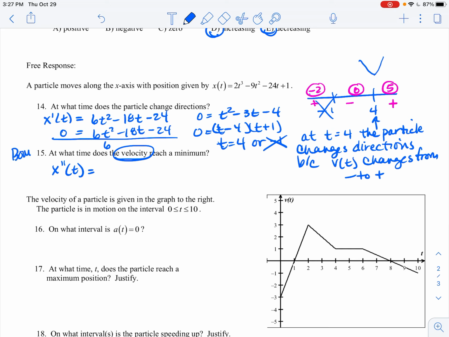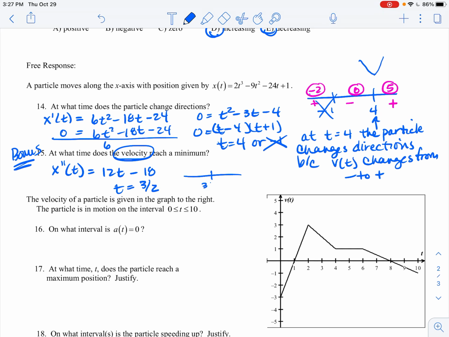I am counting this one as a bonus. So if you got it, then you got an extra point. And if you didn't, then no worries. Okay, so the second derivative of position would have been 12t minus 18. And if we solve for this, t is equal to 18 divided by 12, so 3/2.